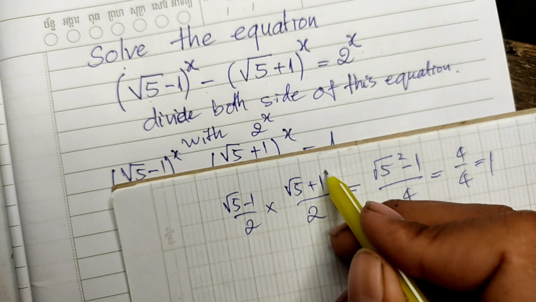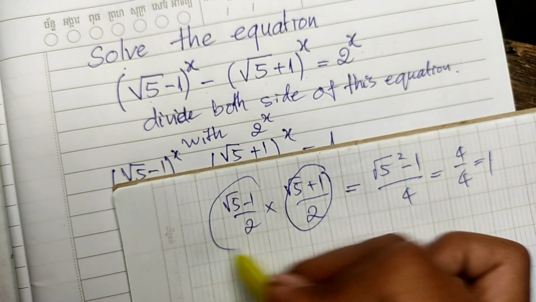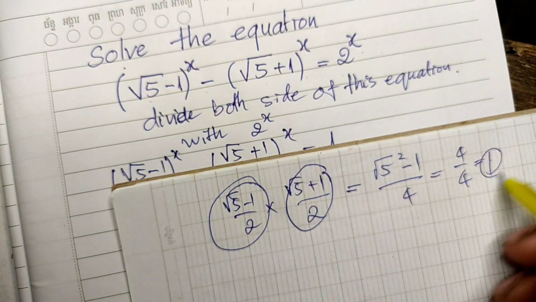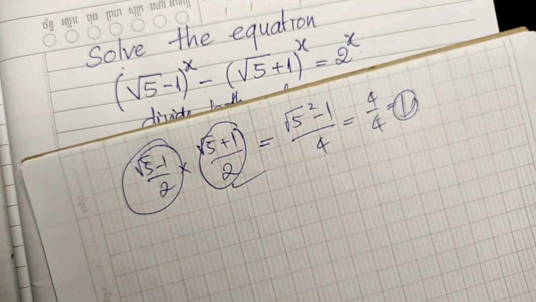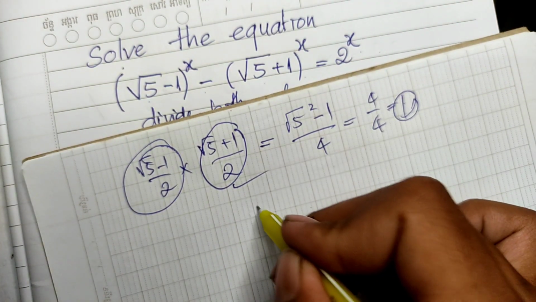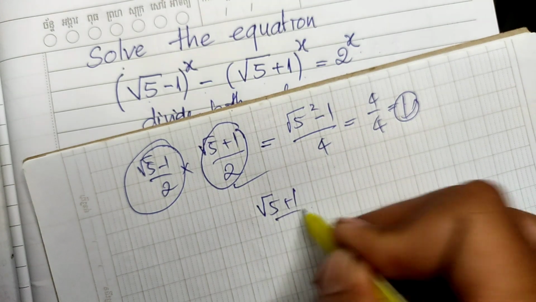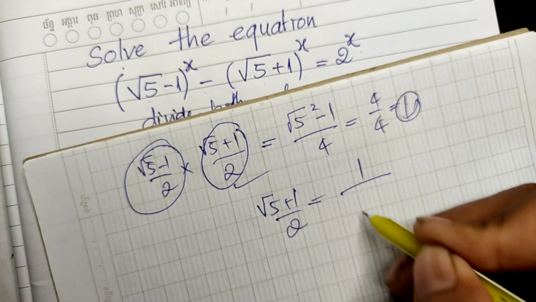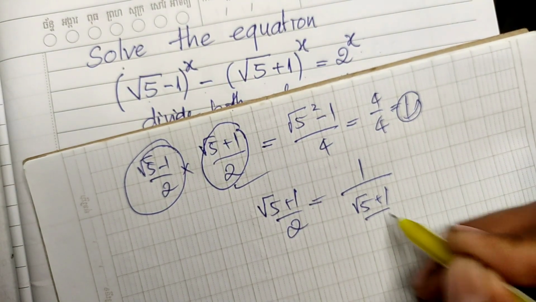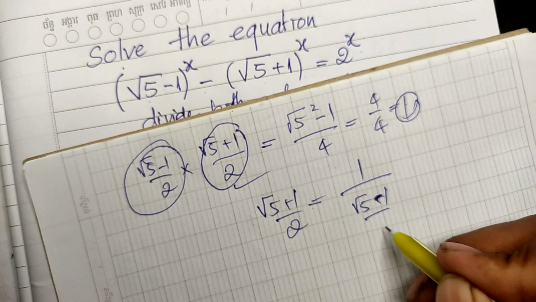So if I find one of these values, the other is 1 divided by this value. So (√5 + 1)/2 is equal to 1 divided by (√5 − 1)/2.